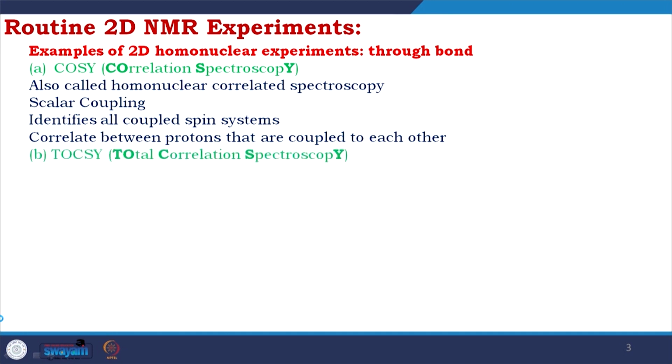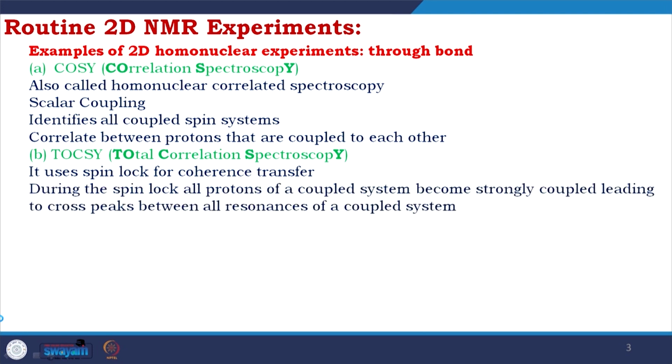So, one H with one H. Then comes TOCSY, total correlation spectroscopy. It uses spin lock for coherence transfer. During the spin lock, all protons of the coupled system become strongly coupled, leading to cross peaks between all resonances of a coupled system, and that is why it gives better results.